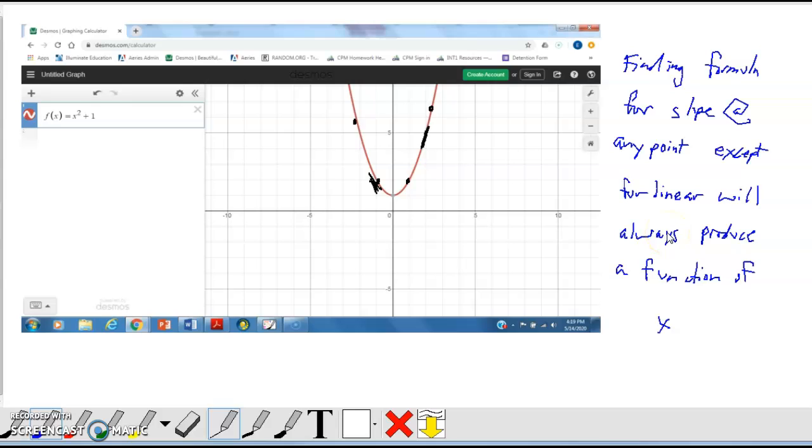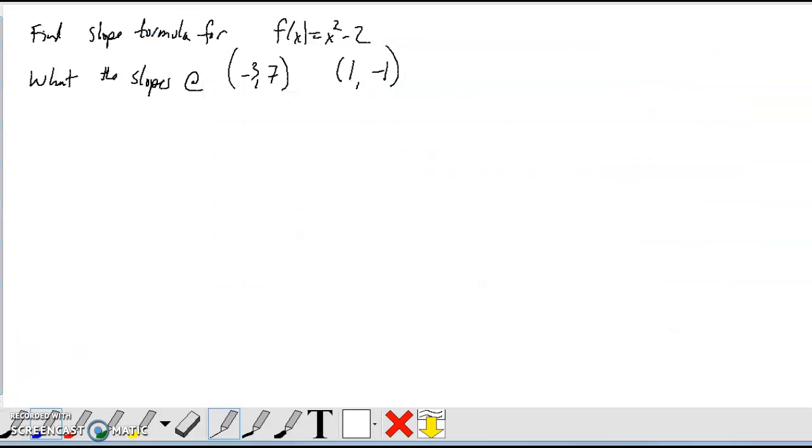Okay, will always, no matter what, 100% of the time. All right, so now that we know that, why don't you pause the video, try this last one. It's another parabola, right? And we want to find the points at negative 3 comma 7 and at 1 comma negative 1. So go ahead, try your luck here.